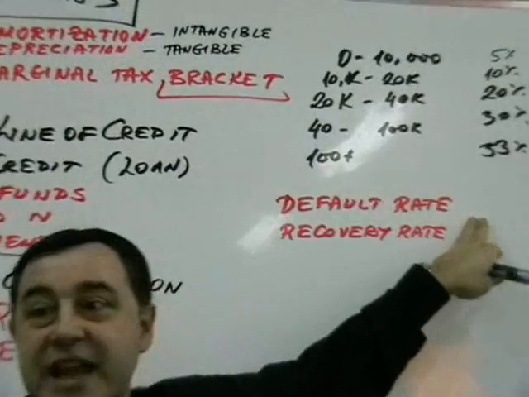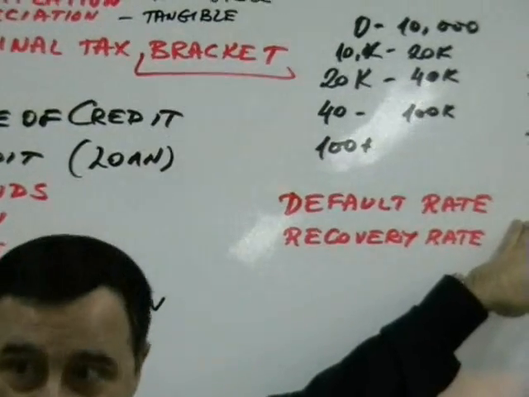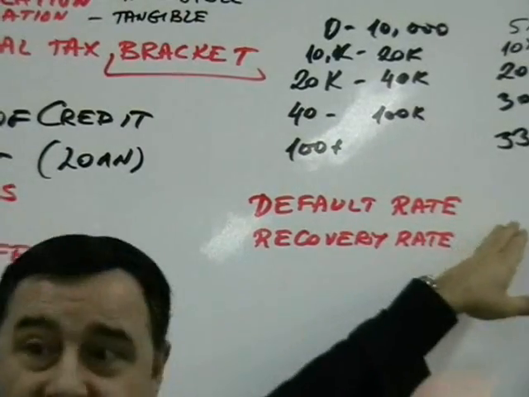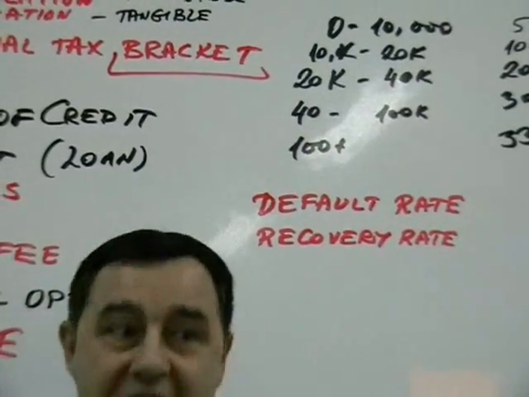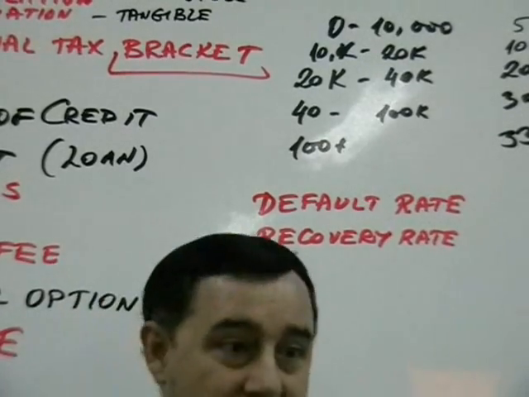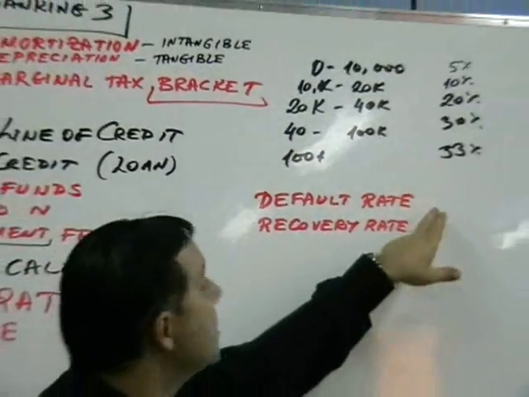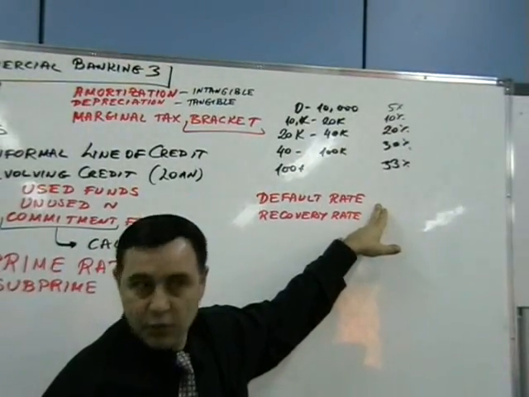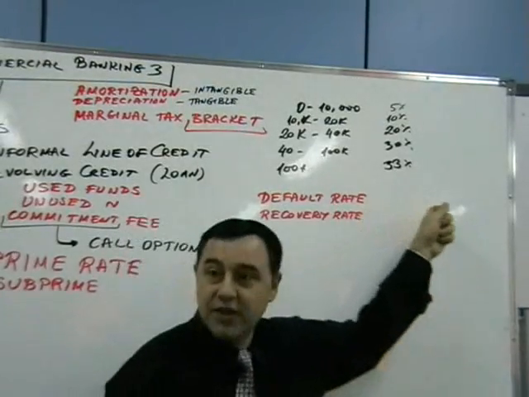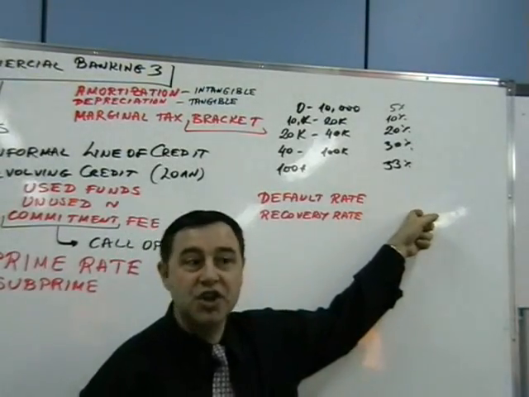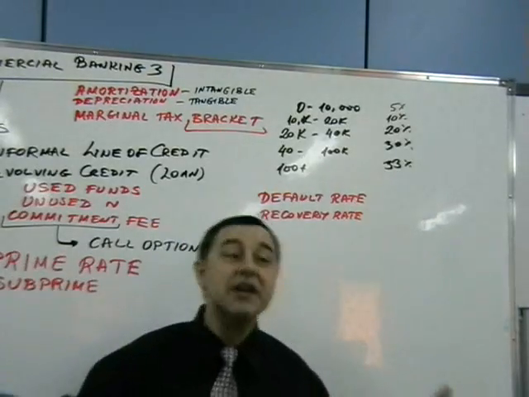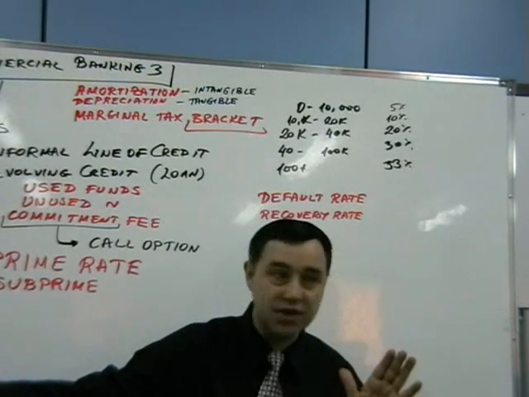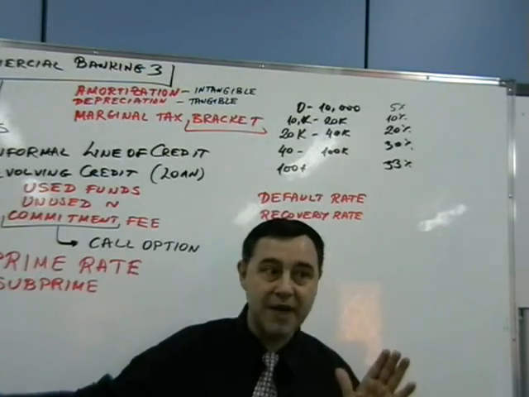Default rate simply says if you lend out money to 100 customers, how many of these are you going to collect without any problem, without any default. So the default rate will be only those that will become problematic one way or another. It is the percentage of outstanding loans that will have a problem within a particular period of time.